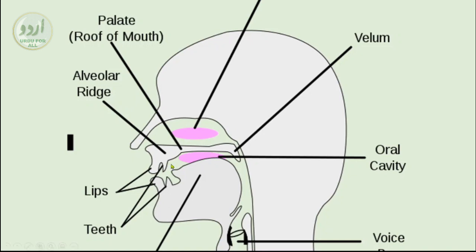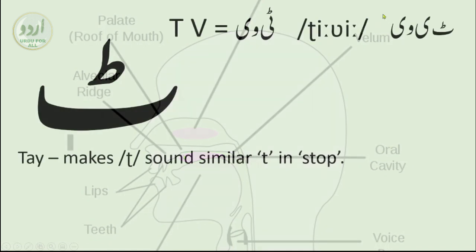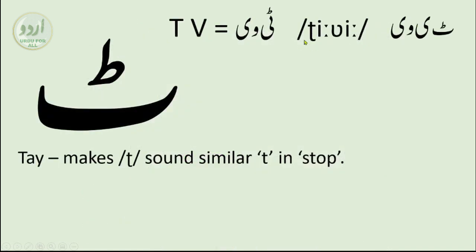So t and t, two different sounds. So TV and TV, have you noticed the t is different and the v is different as well? In English it's v, and in Urdu it's v. In English it is T, and in Urdu it is T. No aspiration, just T sound.